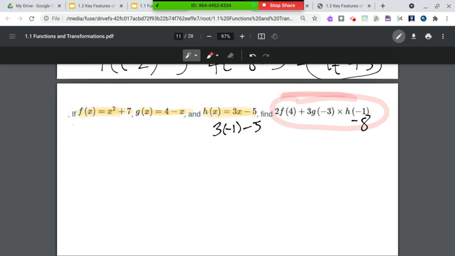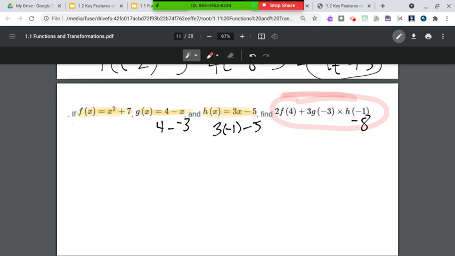Let's find g of -3. And then what do we do with that outside 3? What do you think we have to do with it? To distribute it, multiply. Yep, we multiply it by 3. Perfect. So let's find g of -3 first. So 4 minus -3, we get 7.